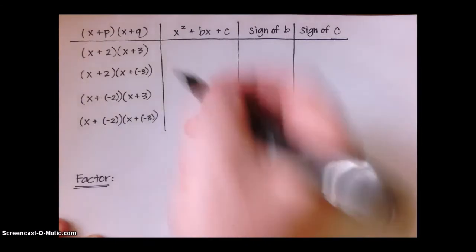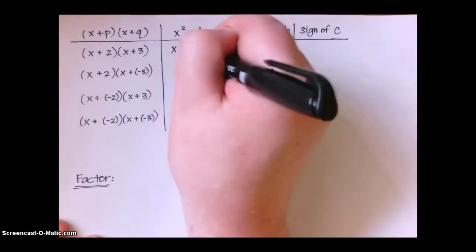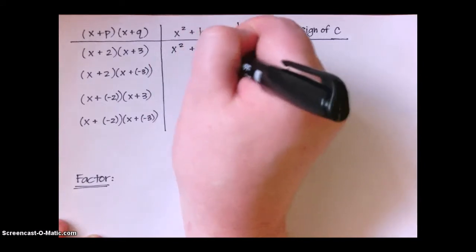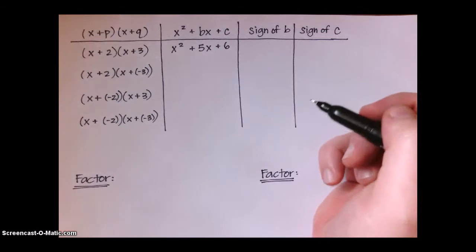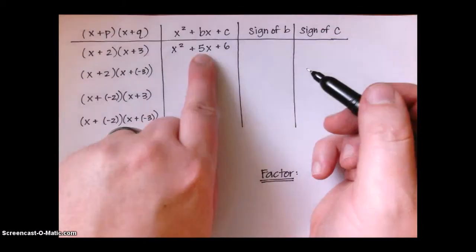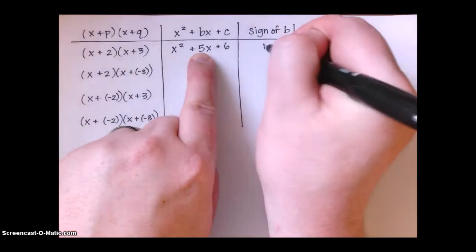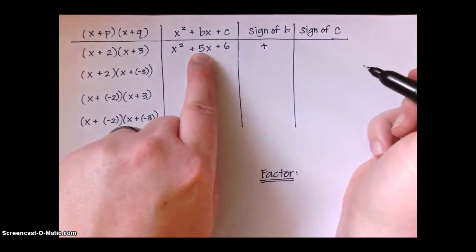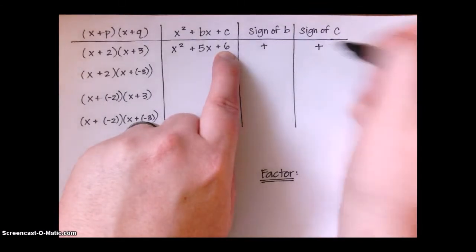And so if I was going to work these out, I would get, for the first one, x squared plus 5x plus 6. Okay? And I can look right here at the b, and I have positive 5. So the sign of b is going to be positive. Then I can look at the sign of c. Oh, and that is positive as well.